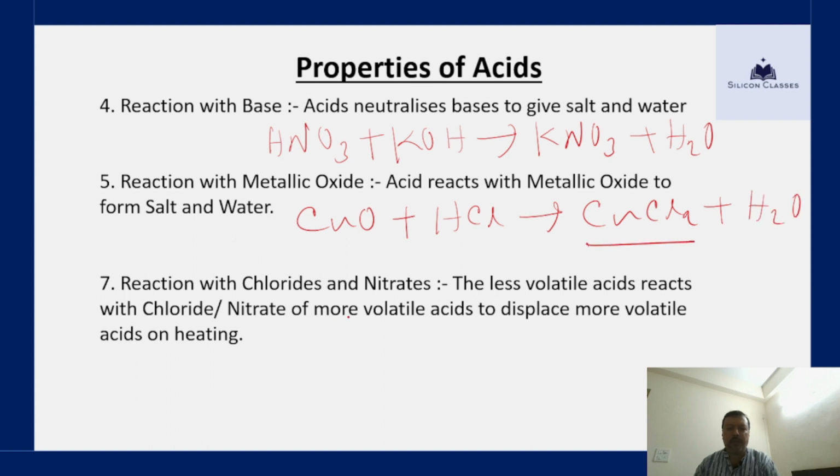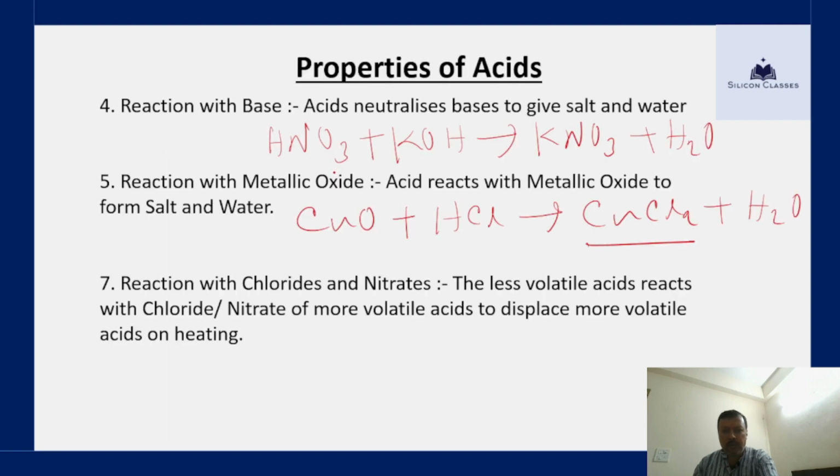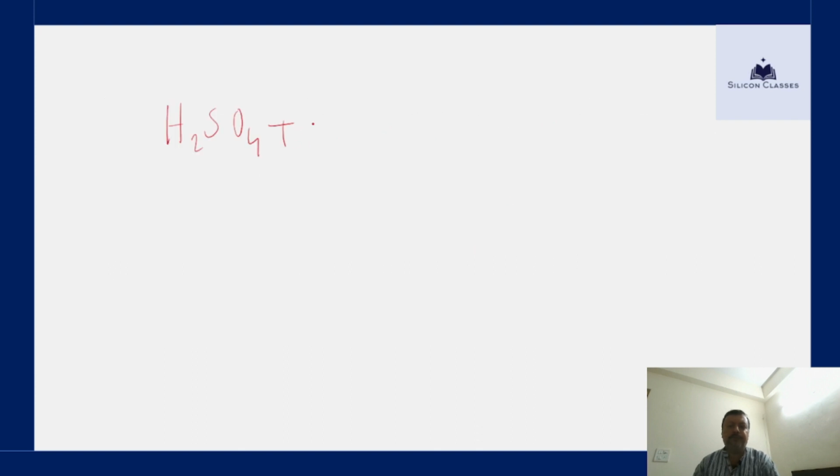This is cupric chloride. The acid reacts with chlorides and nitrates of more volatile acids. The less volatile acid, when it reacts with the chloride and nitrate of more volatile acids, will displace the more volatile acids on heating. What is the example? Suppose the less volatile acid is sulfuric acid, and it reacts with NaCl.